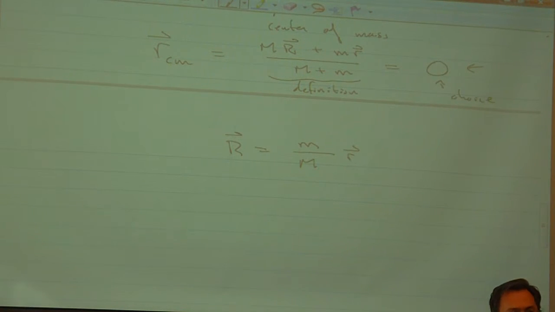So for the Earth and the Sun, because the Sun is so much more massive than the Earth, the center of mass of our two bodies is well inside the Sun. The center of mass between me and the Earth is very close to the center of the Earth. It's not quite the center of the Earth, but it's very close.